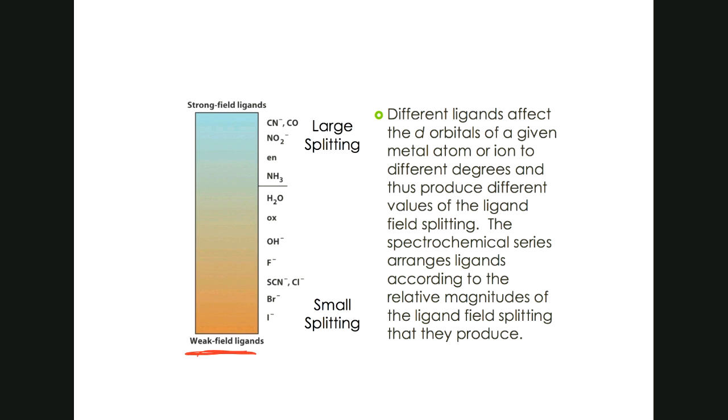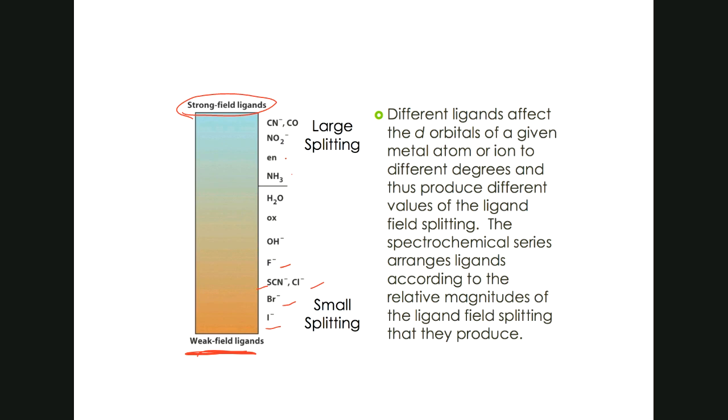So examples of weak field ligands include iodide, bromide, chloride, thiocyanate and fluoride. Examples of strong field ligands are cyanide, carbon monoxide, ethylenediamine, and NH3. So the stronger the ligand binds to the metal center, the bigger delta octahedral is going to be.